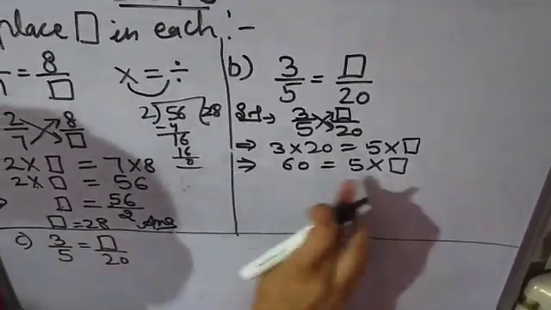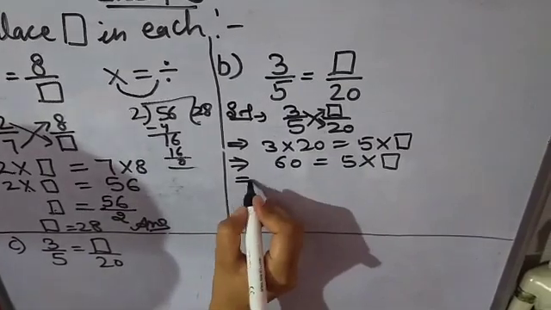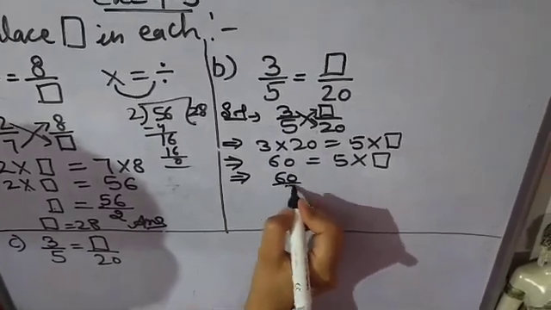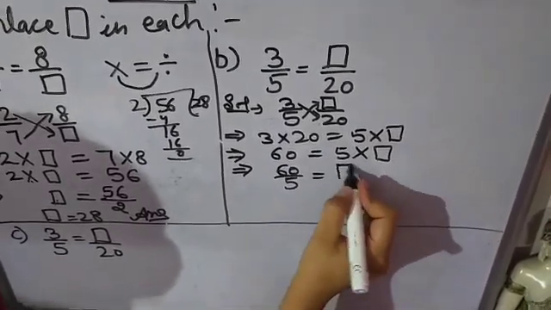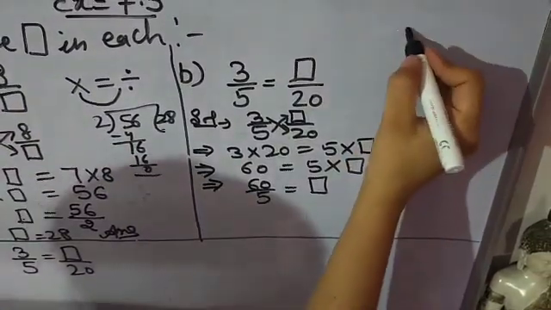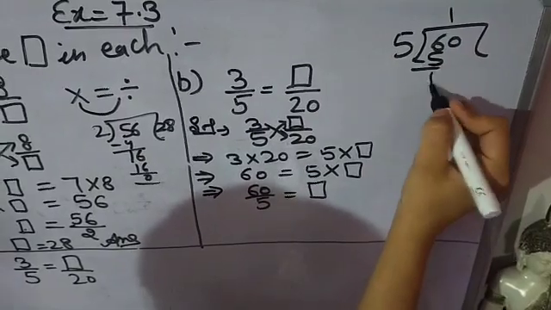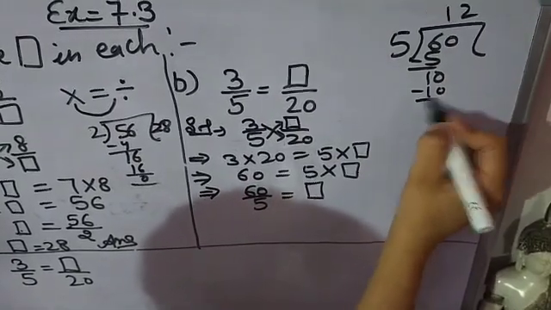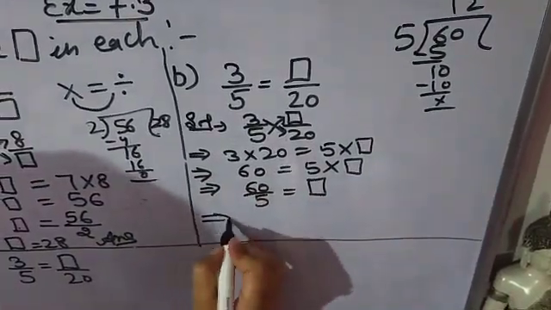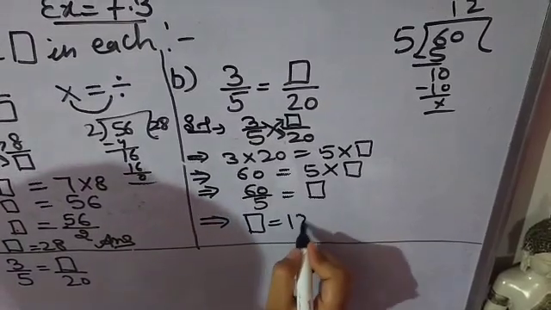So 5 will go there. 5 is here of multiply. When it goes there, it will be of division. Box is left here only. Now do division in rough. 60 divided by 5 will be 12. So box value is 12.